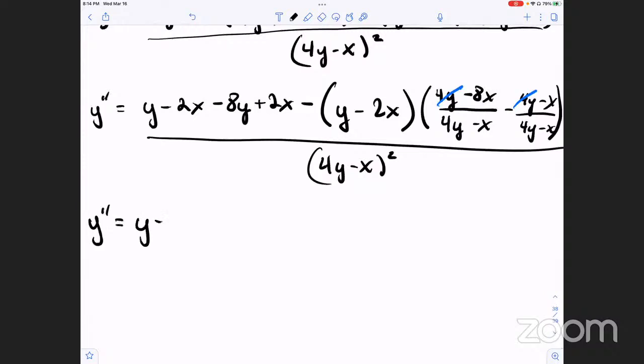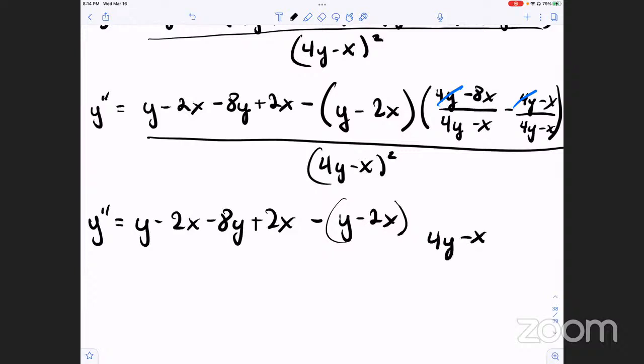So then y minus 2x minus 8y, 2x, double negative is positive. We get a negative 7x on top. On bottom, it looks like we still have our 4y minus x under negative 7x. Okay, so then at this point, the double negative becomes positive. And now we can combine those numerators.